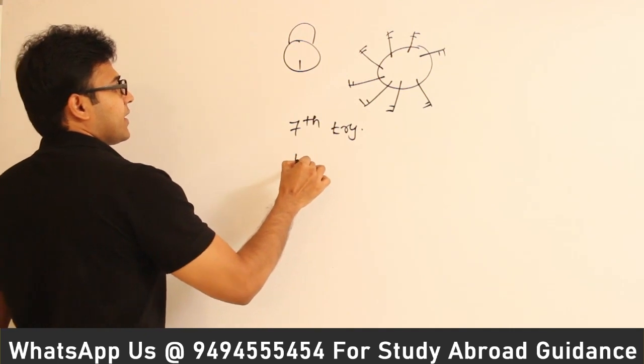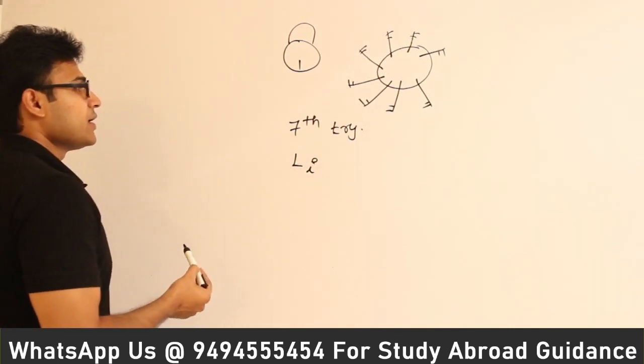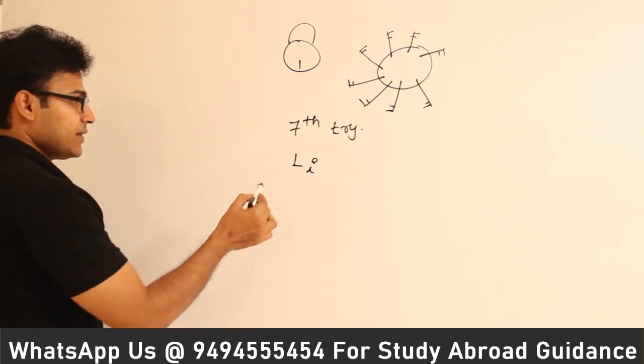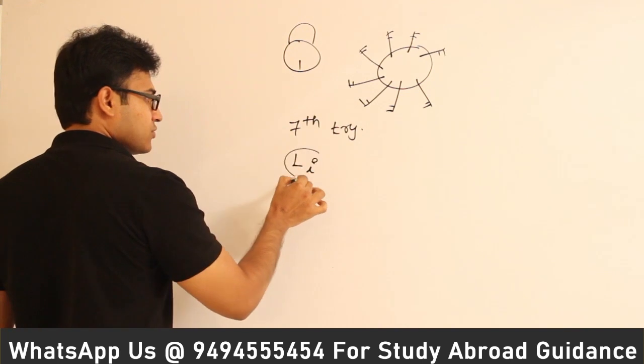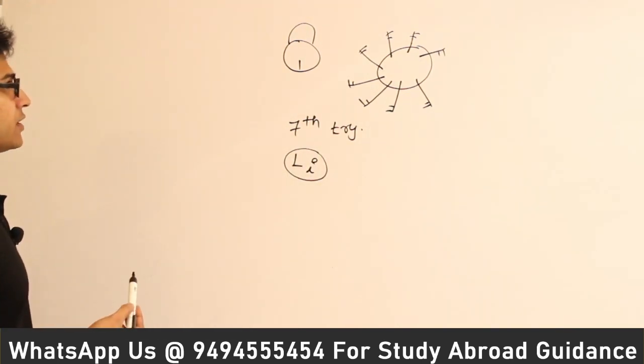Let us say Li is the event in which the lock gets opened in the ith try. Then how can you write this question?